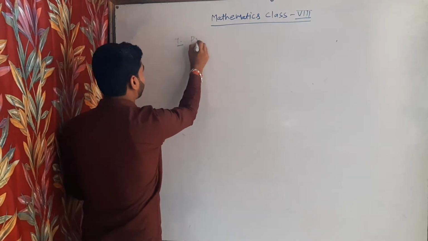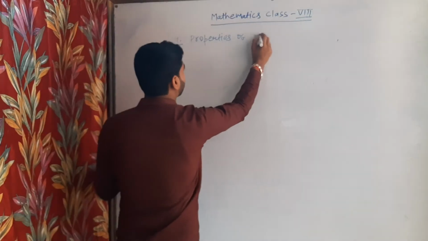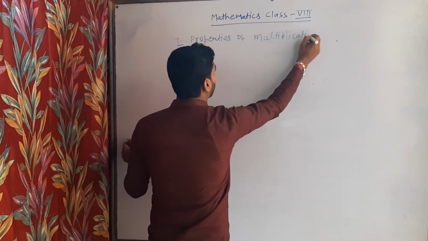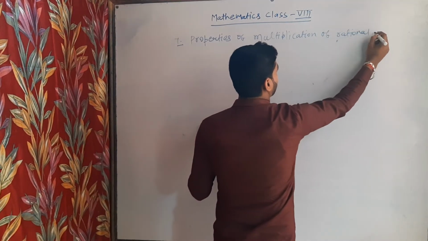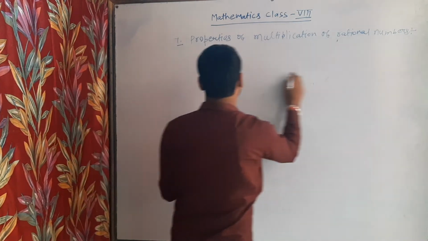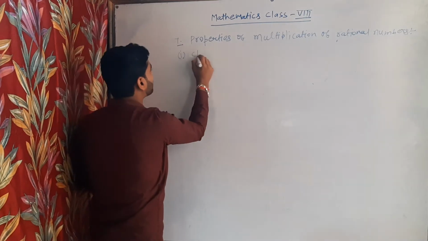Number 7, properties of multiplication of rational numbers. First, closure property.